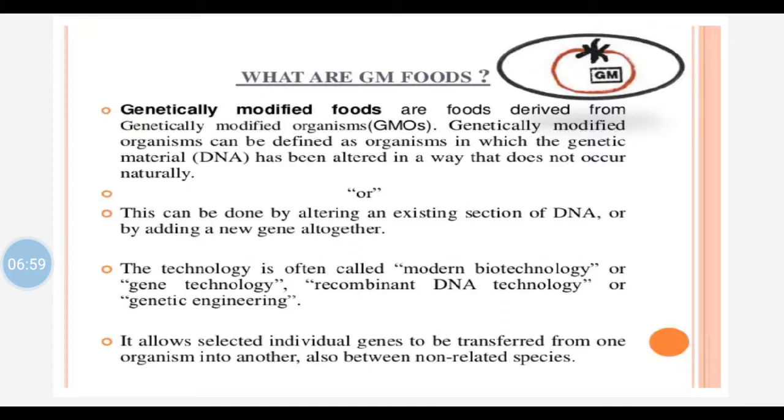Again, we will try to understand what are these GM foods. Now, these genetically modified foods are foods derived from genetically modified organisms. These organisms can be defined as organisms in which genetic material, that is mainly DNA, has been altered in a way that does not occur naturally.